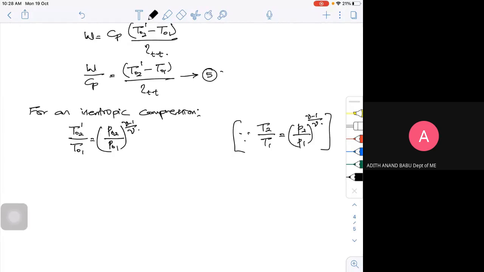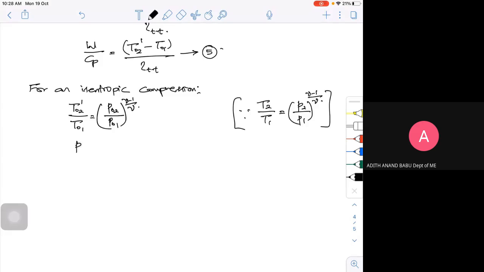Or in terms of pressure, P naught 2 by P naught 1 is equal to T naught 2 dash by T naught 1 to the power of gamma by gamma minus 1. I am calling this equation number 6.